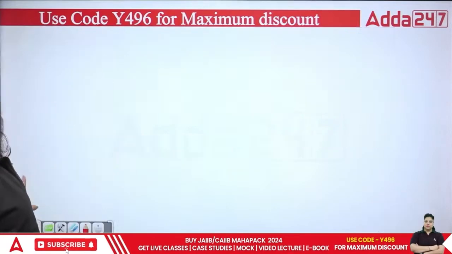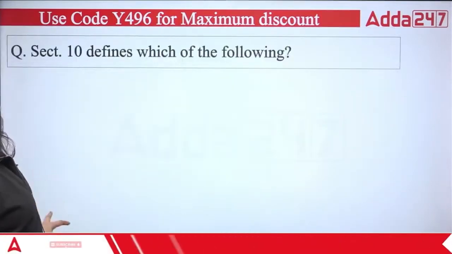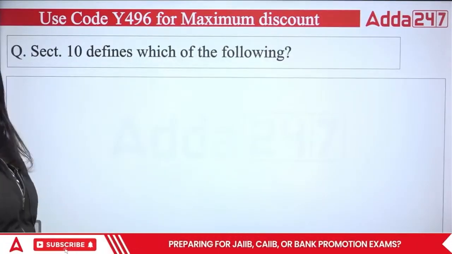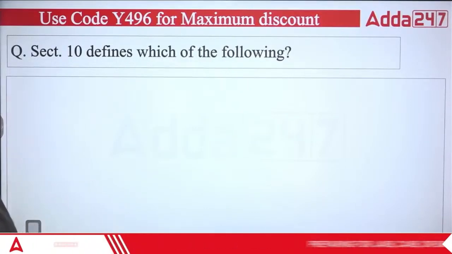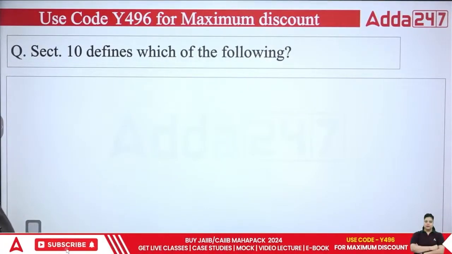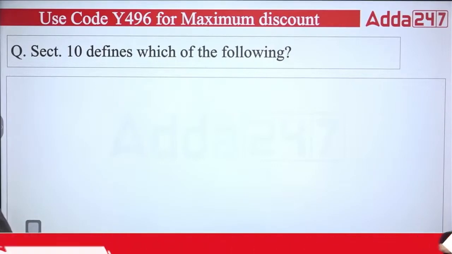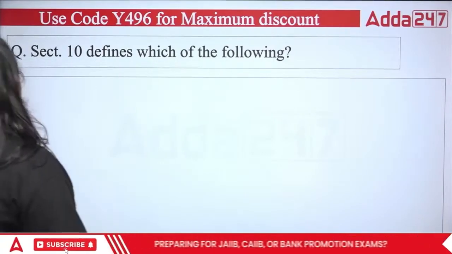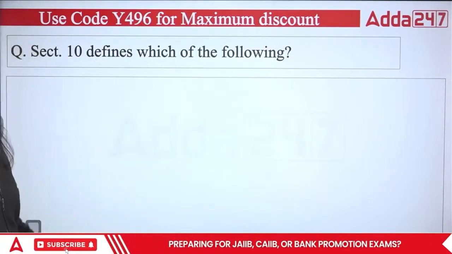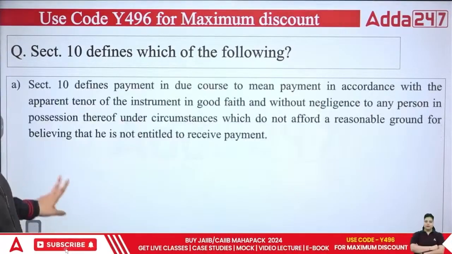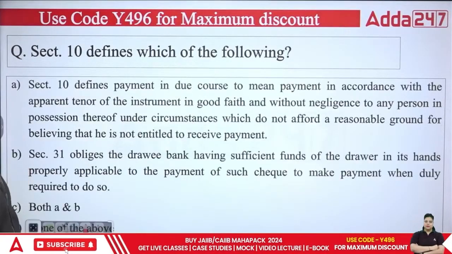Now the next question we have here is: section 10 defines which of the following. So we are talking about section 10 here. What is section 10 actually talking about? There are 4 options in front of us.